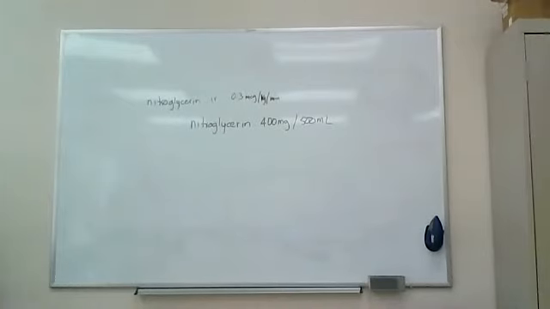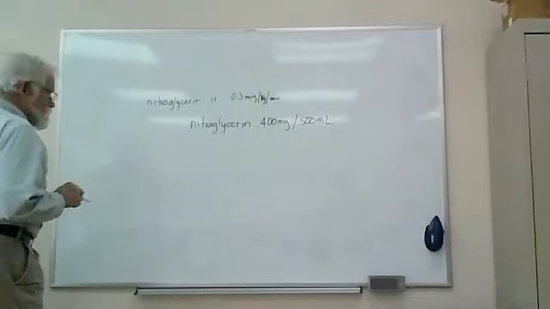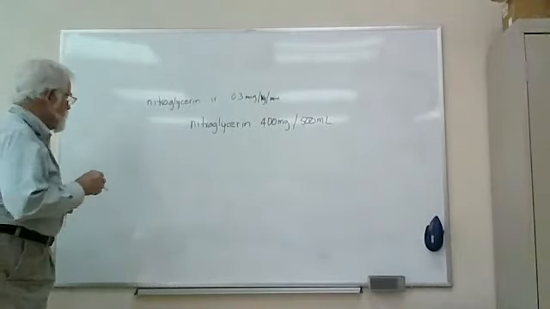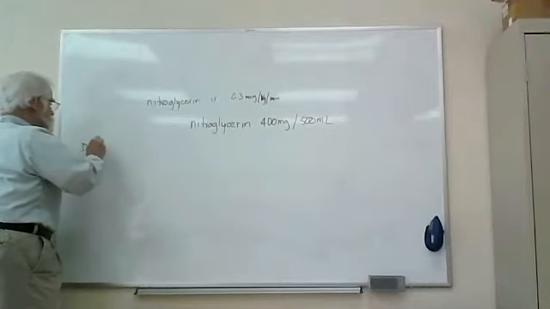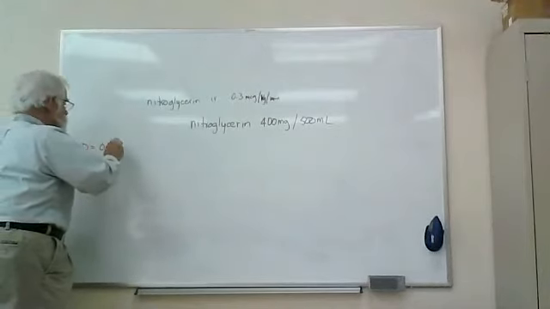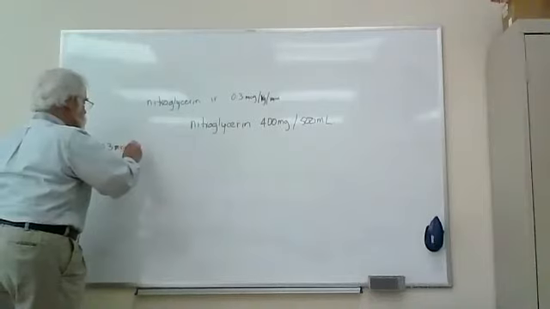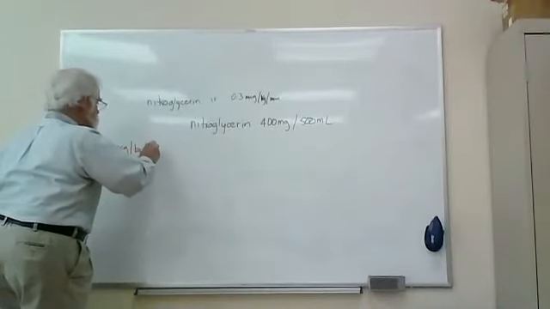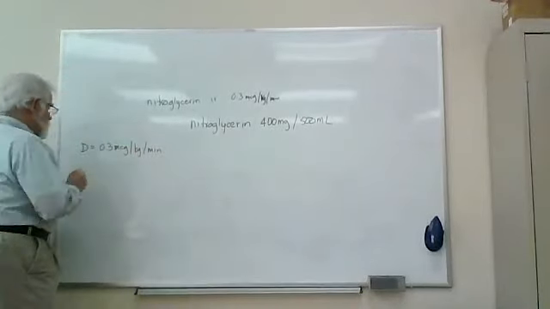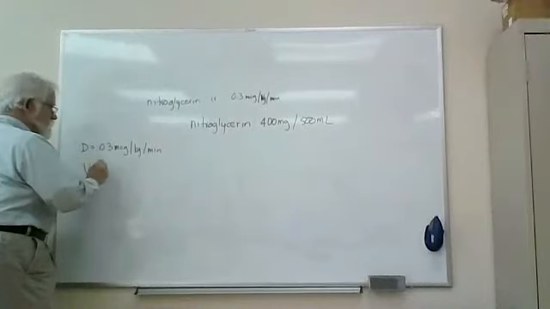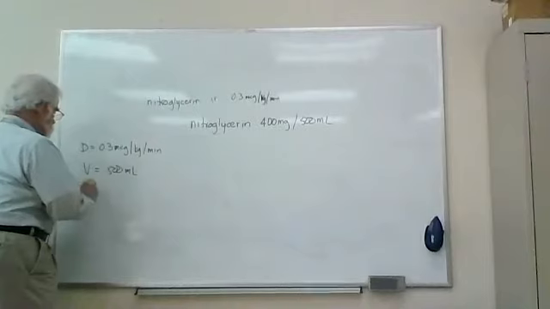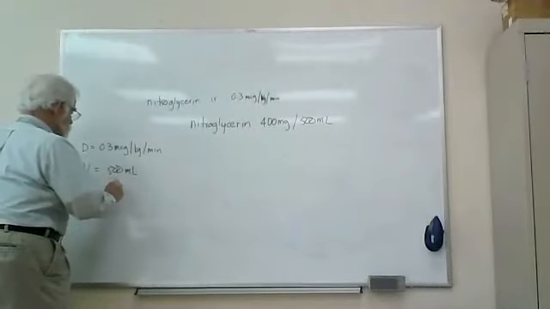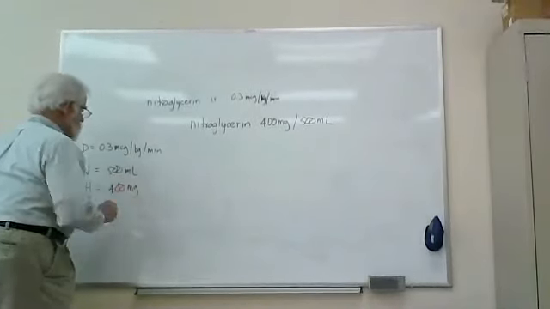So what we have now is to identify a couple of things here. One is D, we already know 0.3 micrograms per kilogram per minute. We know that V is 500 milliliters, and we know that H is 400 milligrams.